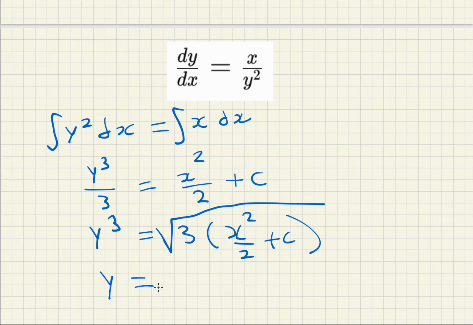So y equals cube root of, I'll just multiply 3 in, so 3x squared over 2, and 3 times c. I can write 3c, but c is a constant, and so 3c would just be a bigger constant, so I can just keep it as c. And that is the original equation for y.